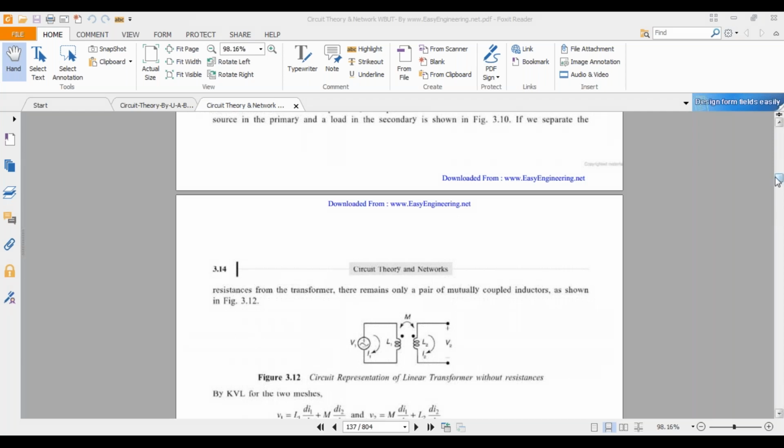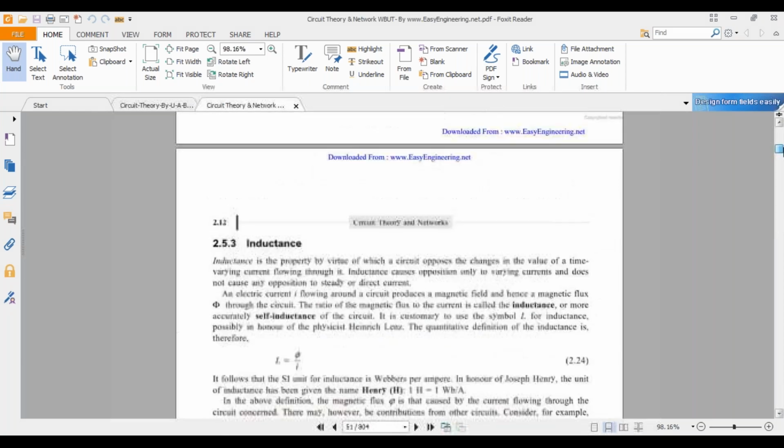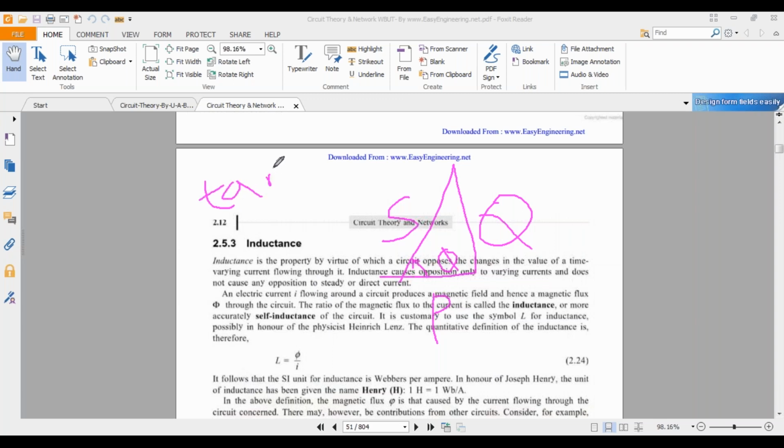So in this triangle we can write that tan phi is equal to Q by P, that is, sin by cos.